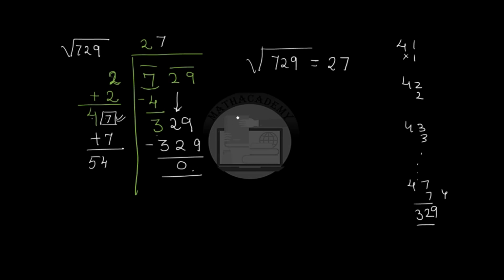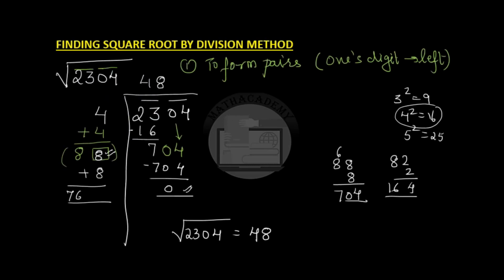Now, there is one important thing to be noted here. We are trying to find the square root of the number 2304. There are a total of 4 digits. So how many pairs are formed? 1 and 2. And each pair gives us 1 digit in the square root. So the square root of 2304 is basically a 2-digit number, and that 2-digit number is 48.